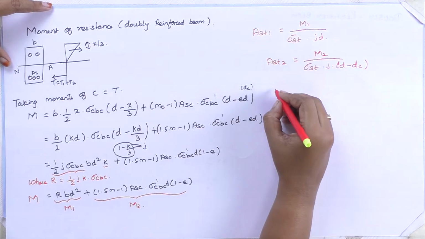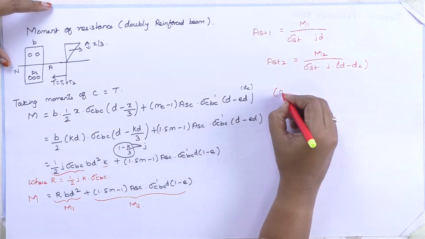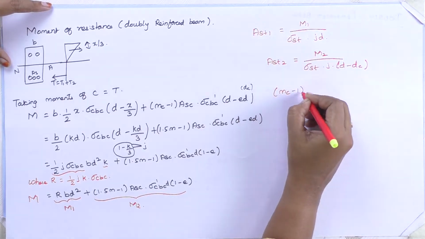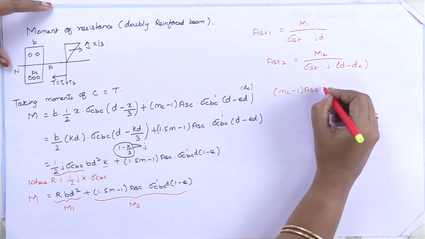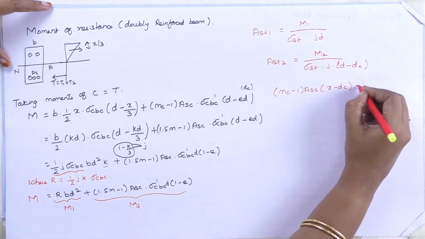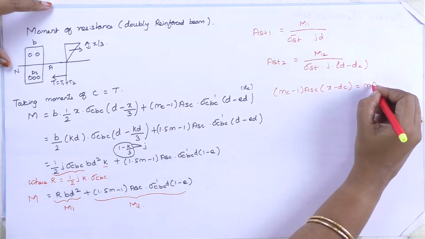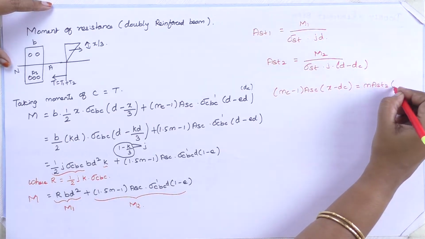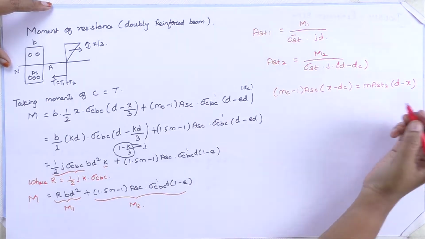Now (mC minus 1) into ASC into (x minus dC) is equal to m into AST2 into (d minus x).